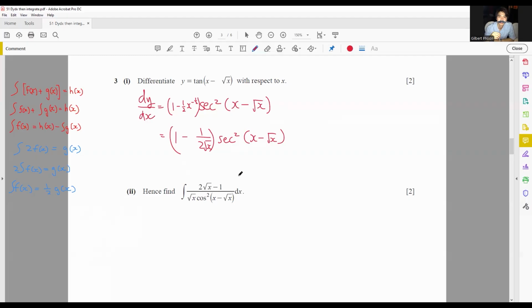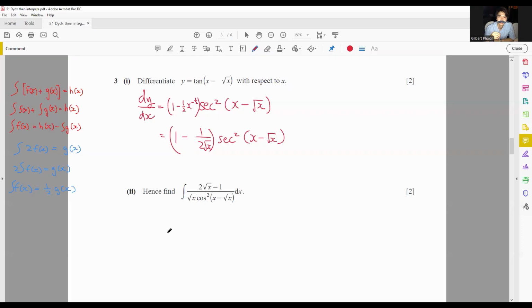Then from here, hence find the integration of 2 root x minus 1 over root x cos squared, this whole thing here. Now, cos squared, we know that secant squared is 1 over cos squared. So this will actually become this. How do we get the numerator to be 2 root x minus 1? It's actually by combining this into a single fraction.